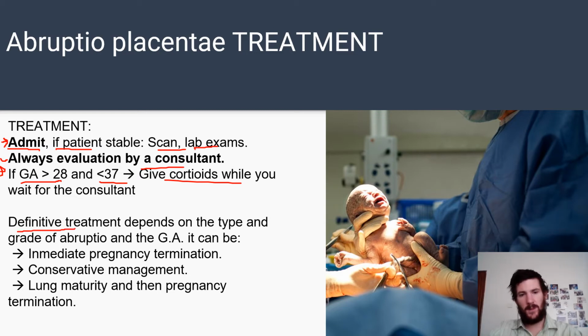The definitive treatment depends on the type and the grade of abruption of the placenta and the gestational age, but it can be immediate pregnancy termination, like performing a CS pretty fast, or conservative management, or conservative management only for 2 days, only to perform the lung maturity and then the pregnancy termination.